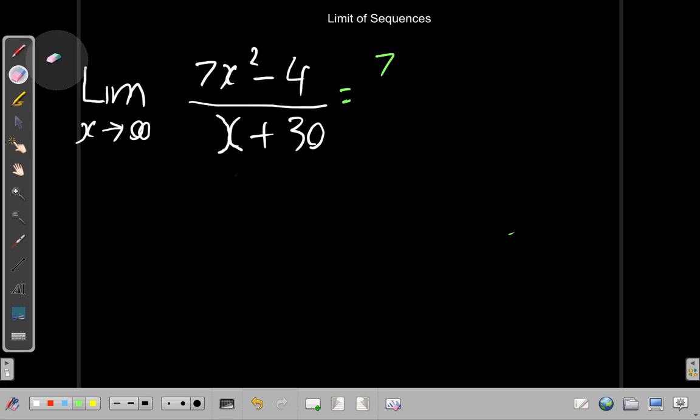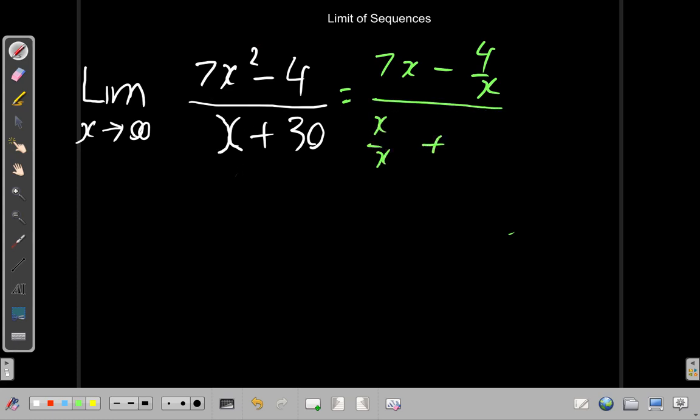So you have 7 multiplied by x minus 4 over x divided by x over x plus 30 over x. What will happen in that case now? As x tends to infinity, x times 7, that will be infinitely large, minus 4 over a large number is 0, divided by 1 plus 30 over a large number is 0. So it's still infinitely large.